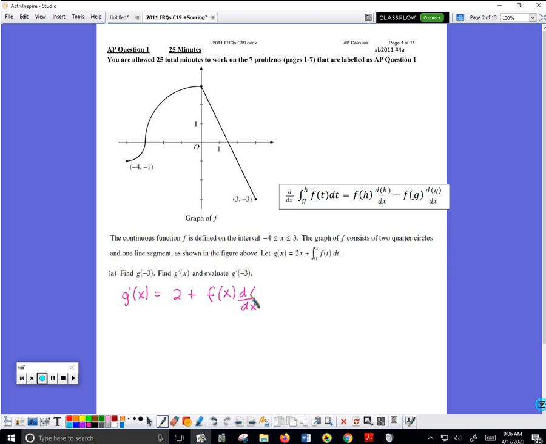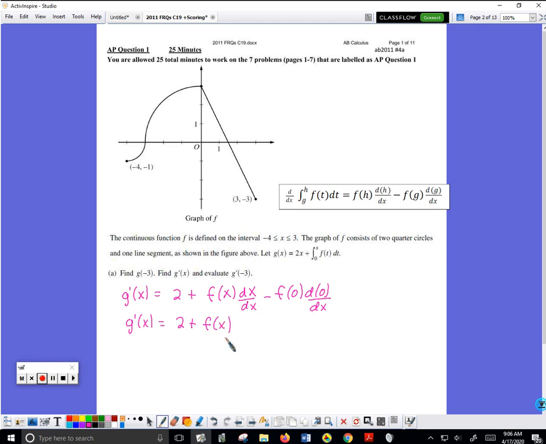This would become x minus f of the lower limit, d of the lower limit. This is 0, so this is 0, this is 1. So I have figured out that g prime of x is equal to 2 plus f.